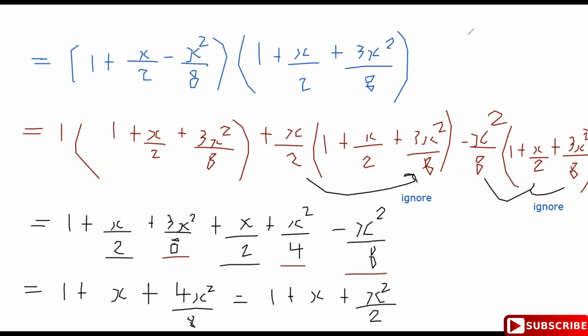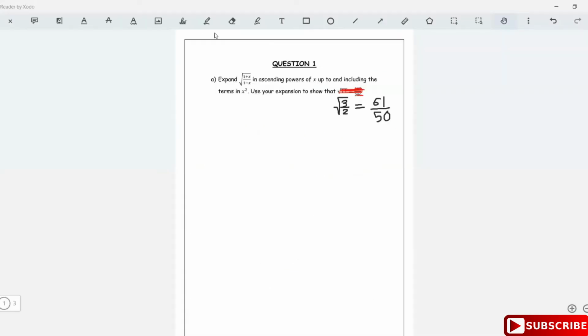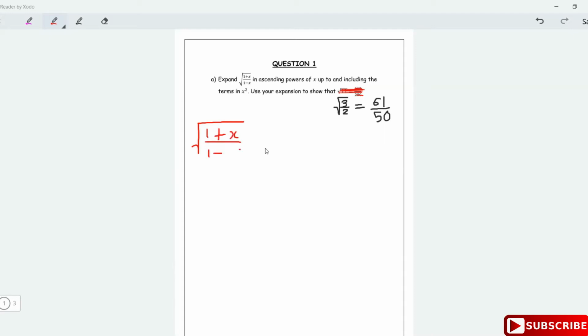Now we can rewrite all of this expansion: we found that square root of 1 plus x over 1 minus x works out to be 1 plus x plus x squared over 2. That's what we get here. Nice and easy.